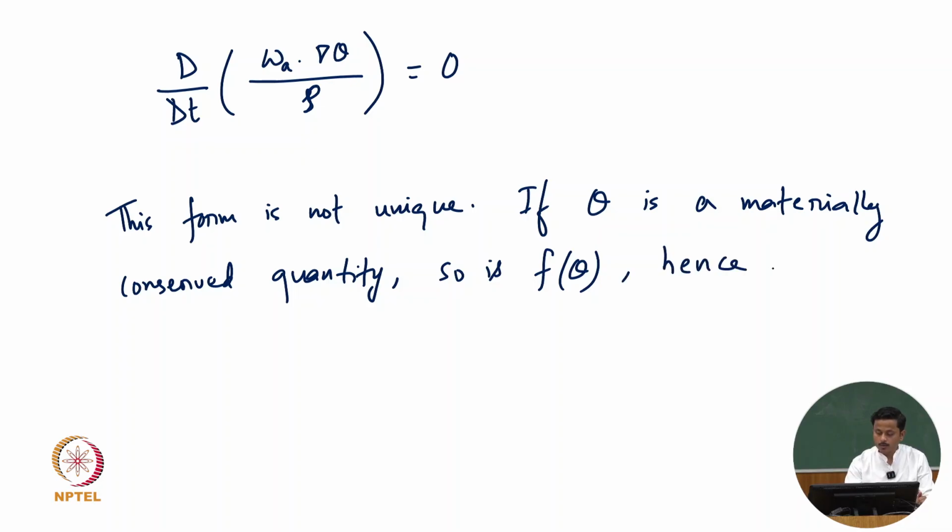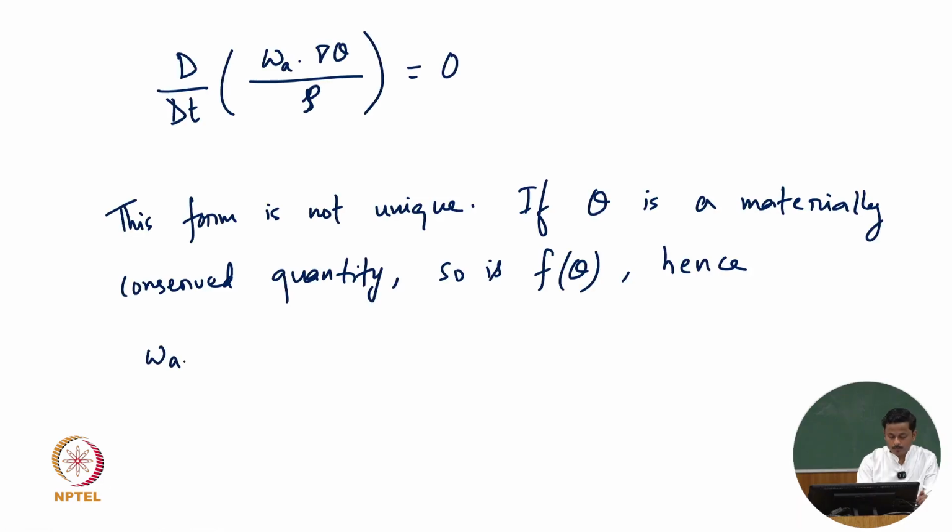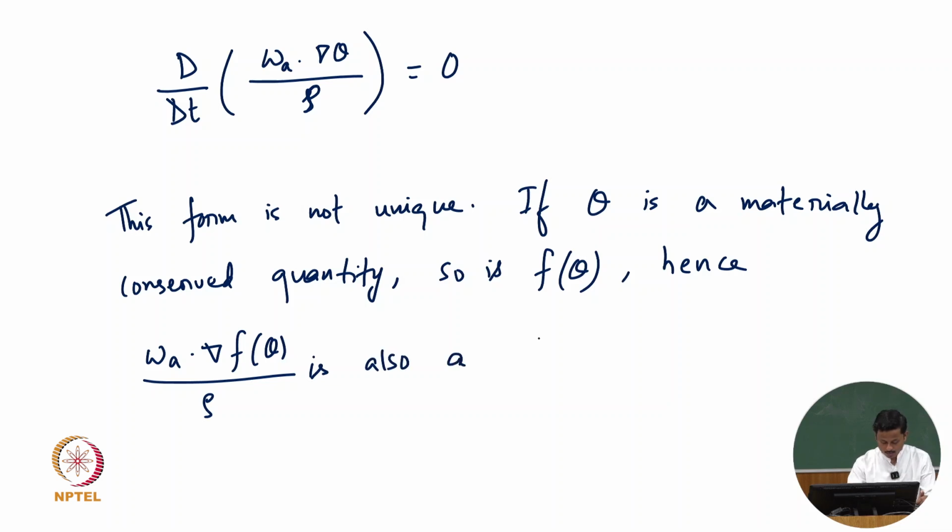Hence omega_A dot gradient of f(theta) by rho is also a conserved quantity and can also be called a potential vorticity; it is also a form of PV. Hence, depending on the situation of interest, we will define potential vorticity according to that situation.